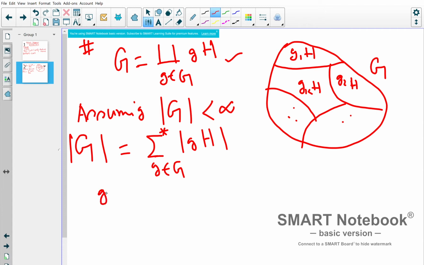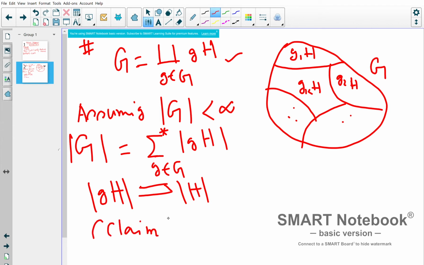Now the question is: for any element g, what is the number of elements inside the coset gH? The claim is that this number is exactly the number of elements inside H. How to prove that?